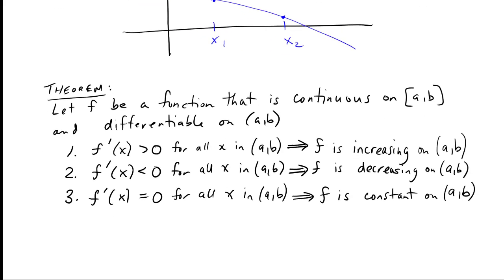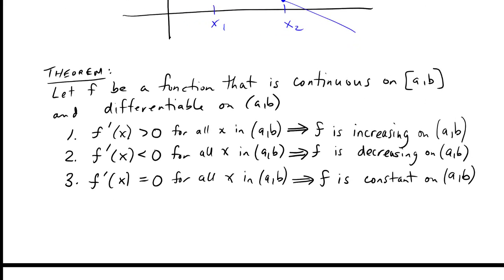All right, so here's the connection that we really get to right now. We would like to be able to connect the increasing or decreasing nature of a function with its derivative.